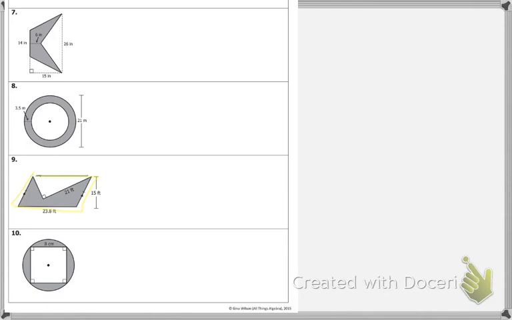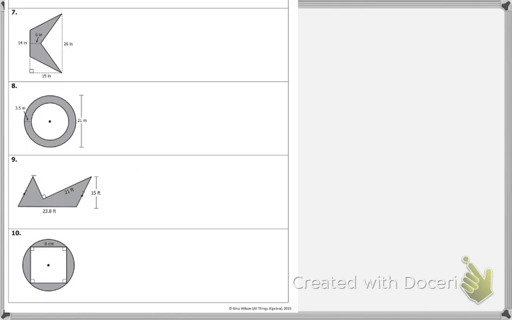It's a huge picture. If I want to know how much that shaded region is, I just need to know the entire parallelogram, and then take away the triangle, this guy. If I get the full parallelogram and take away that triangle, I figure out the area. So let's go with that.